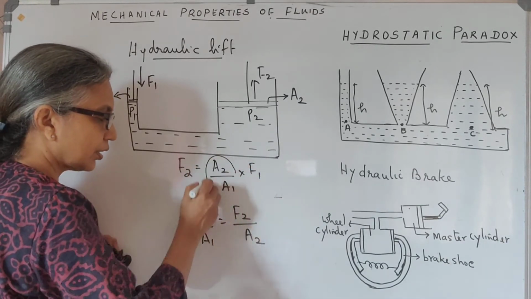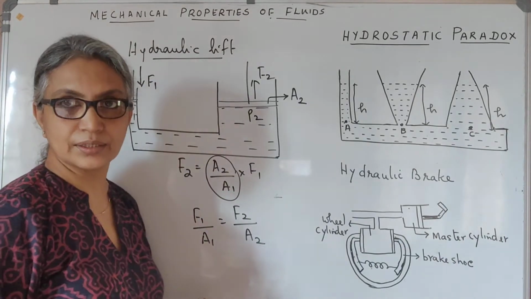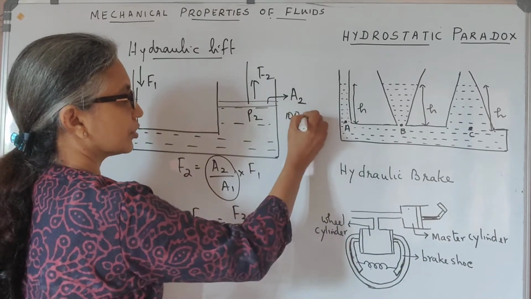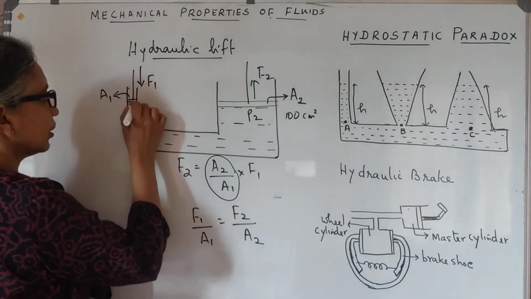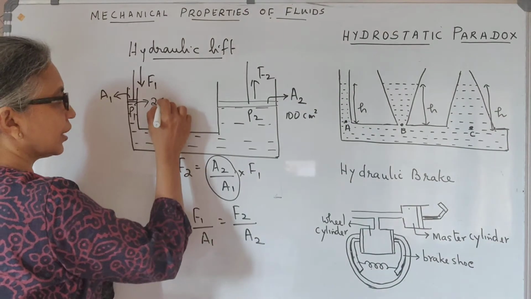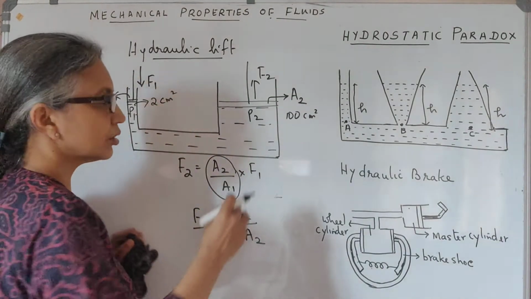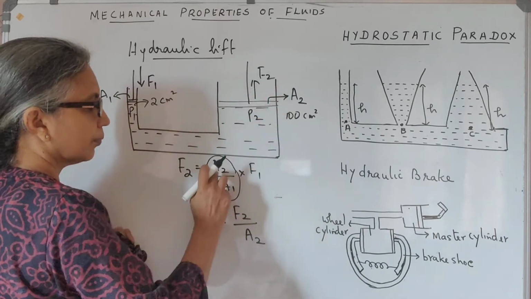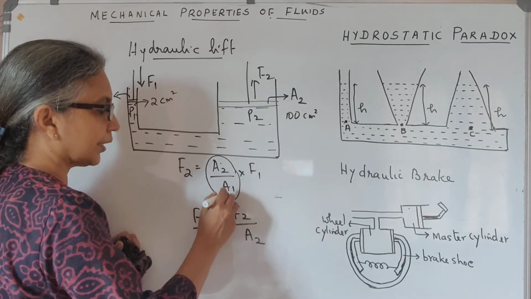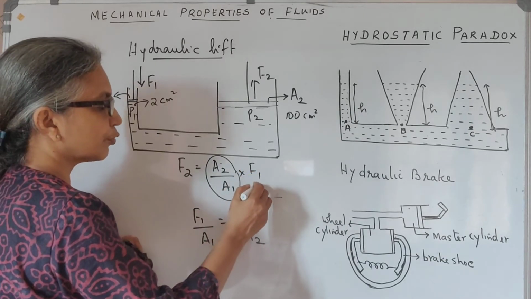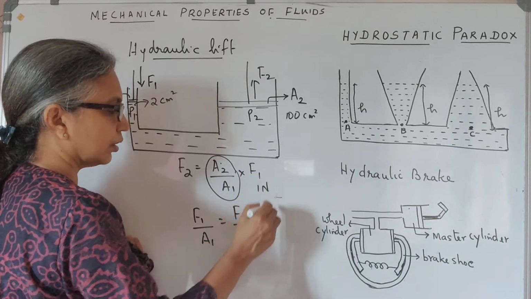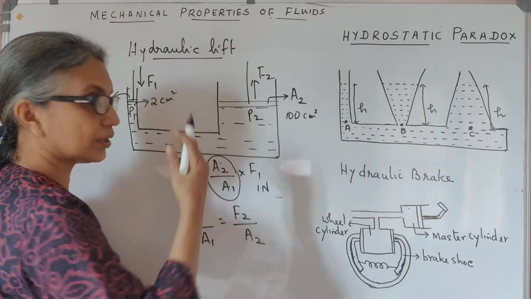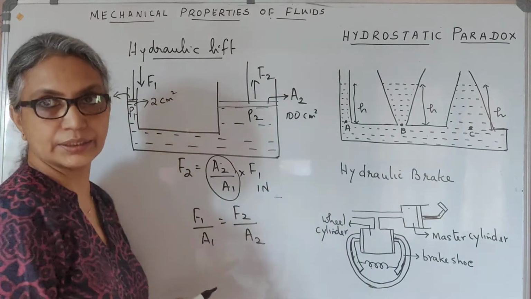This means that if A2 by A1 is large, for example, let's say this is 100 centimeters square and this is just 2 centimeters square, roughly, you will see a 50 times increase in the force here, because A2 is larger than A1. So even if you apply, let's say, 1 Newton force here, the A2 by A1 ratio is 50, so you will see a 50 times increase in the force.